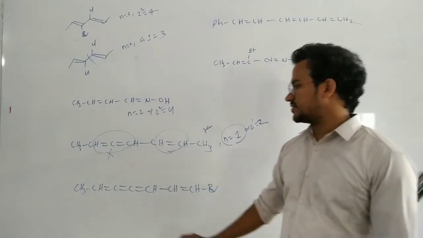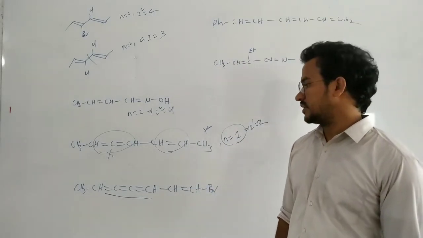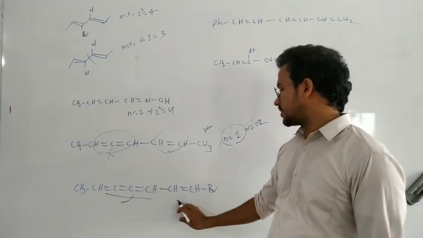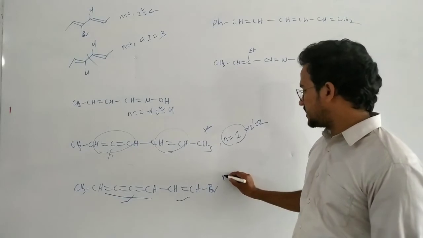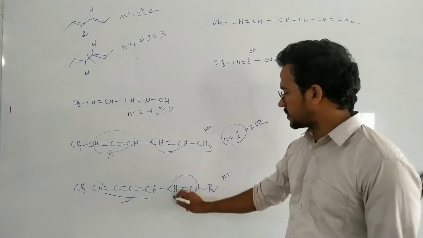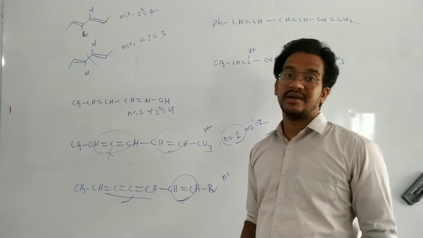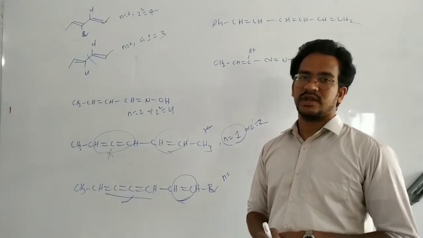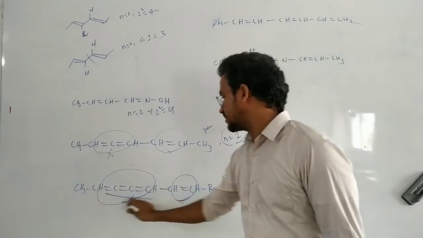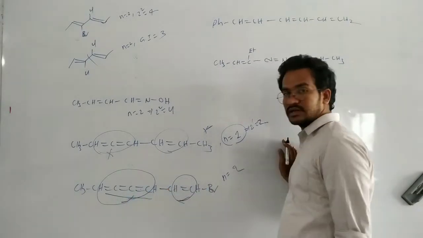Now coming to this one, if there are 3 double bonds continuously present, it is planar. So here, about this one geometrical isomerism is possible, and about this one geometrical isomerism is possible. So what is the n value? One double bond means one stereogenic center. Here it is not n equals 4, n equals just 2, because this is one stereogenic center and this is also one stereogenic center.